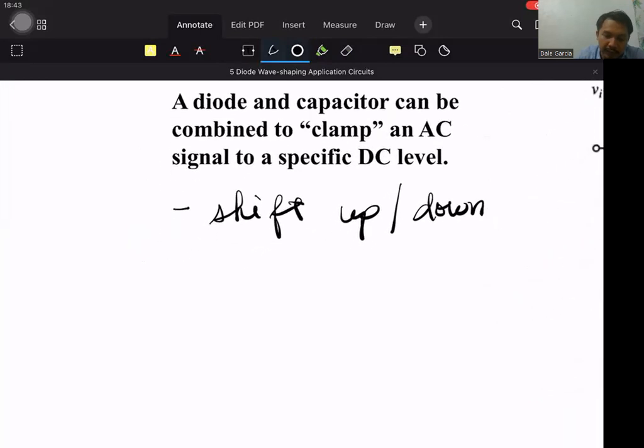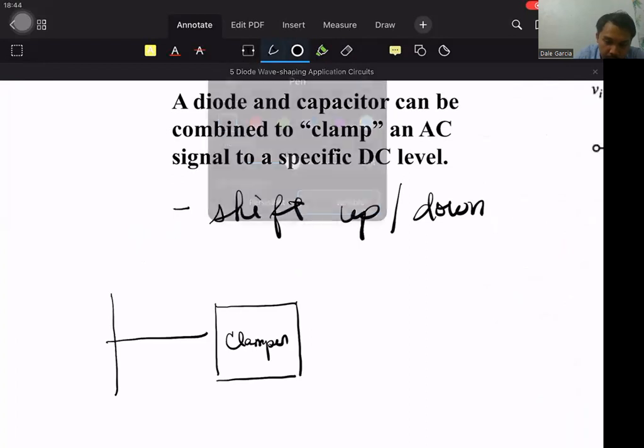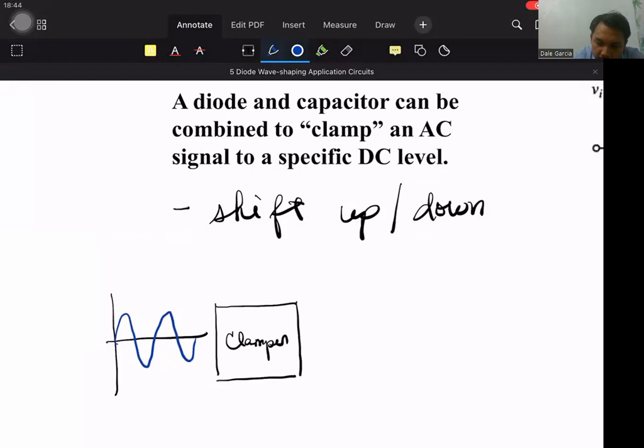Without first analyzing clamper circuits, let's say this is a clamper circuit, and we don't yet know what is inside it. Given an AC source again, the output would be one of these two possibilities: it shifts upward or downward.